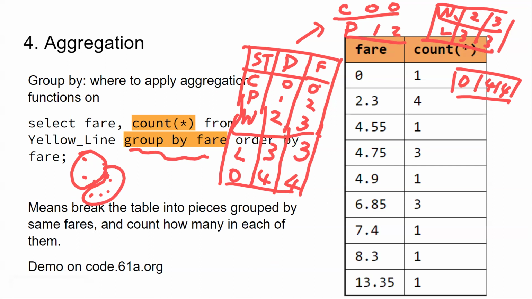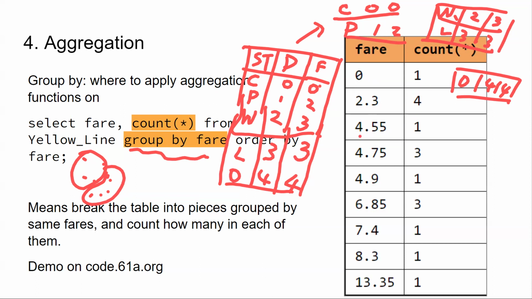Okay. So I have just done group by, and I want to select fare, like 2.3555 something. And we have to count how many members are in these small tables. So for 0, only Concord. So 2.3 from the original table, this will be 4 stations. So I'm counting 4.